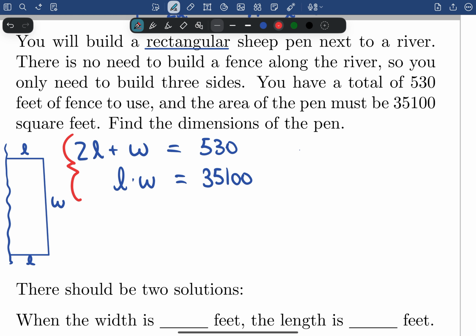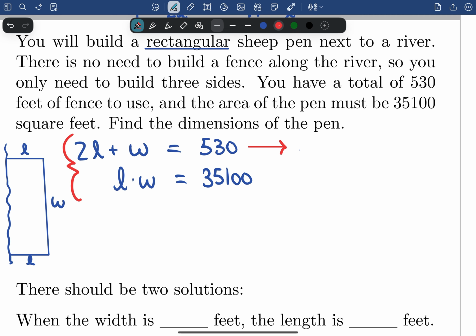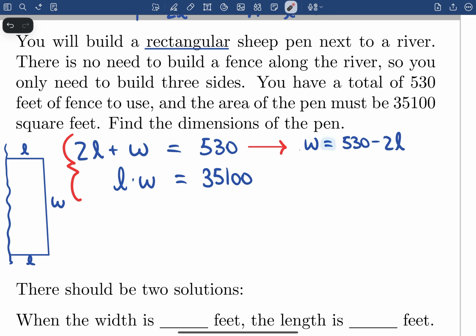So I'm going to use the substitution method to solve this system of equations. I'm going to take the first equation and solve it for W. That's the easiest variable to solve for. So I'll say W equals 530 minus 2 times the length. What I've done is subtract 2 times the length to the other side of this equation, getting the variable W alone.